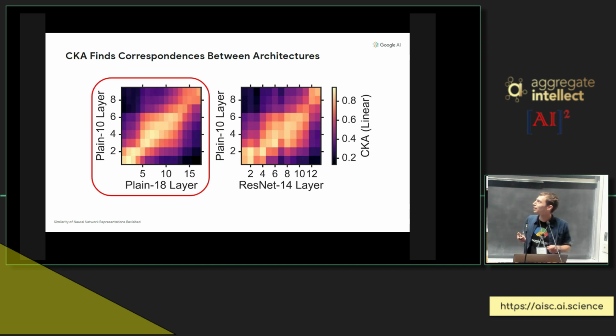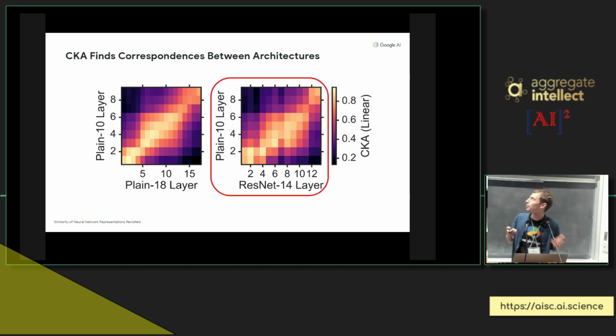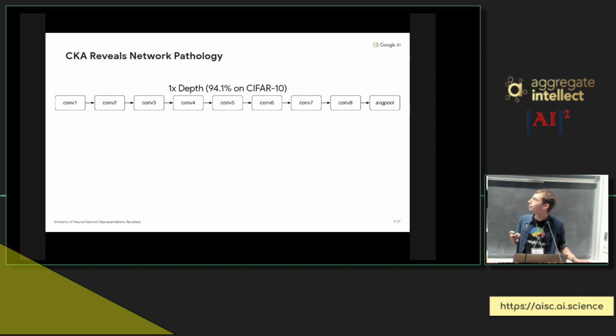And you can see that if you measure similarity, in the deeper network, the new layers are inserted in between the old layers in terms of what their representations look like. And you see there's still a diagonal in this plot, even though the 18-layer network has twice as many layers. On the right, I'm measuring similarity between a 10-layer plain CNN and a 14-layer ResNet. And again, you can see that there's some architectural similarity between the two networks.